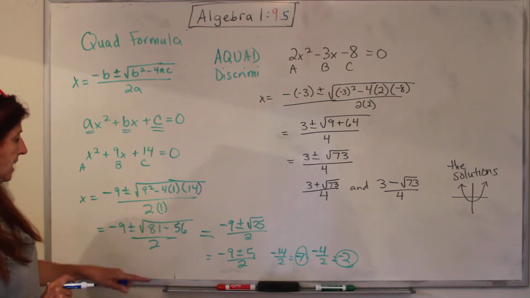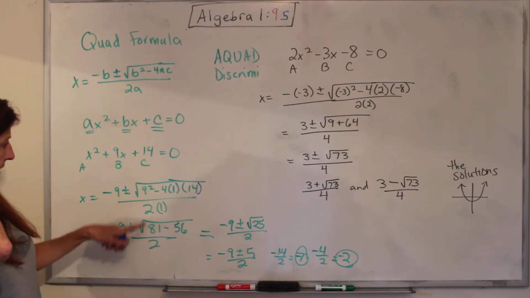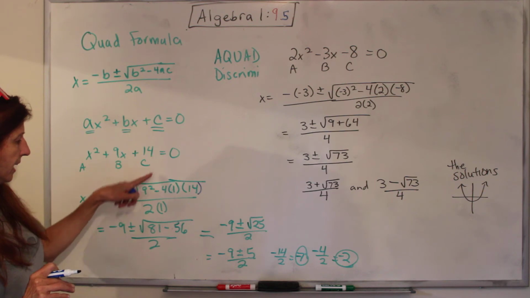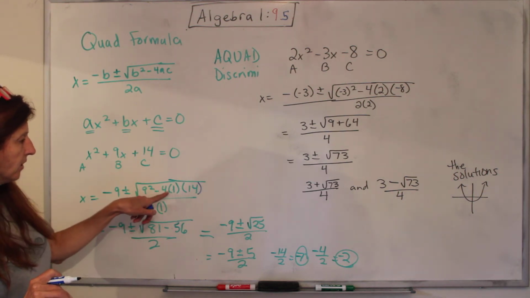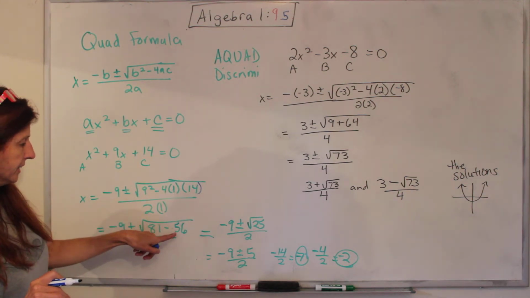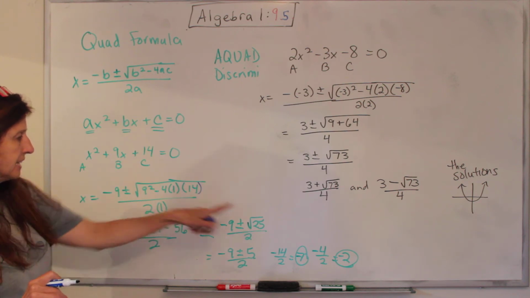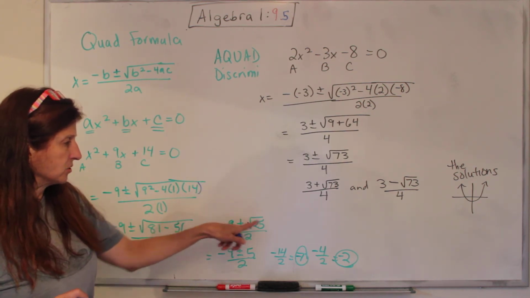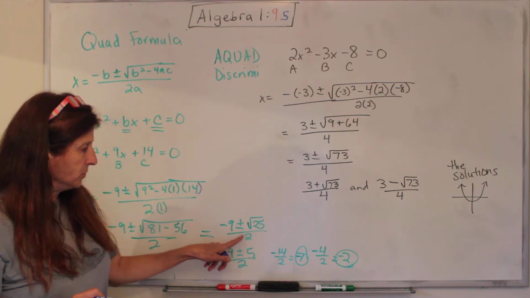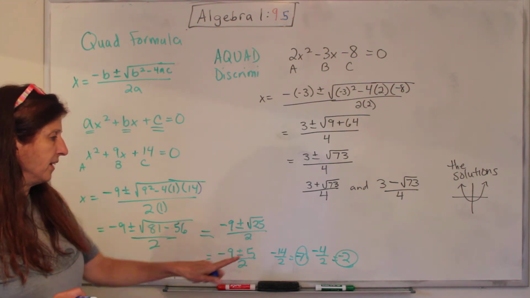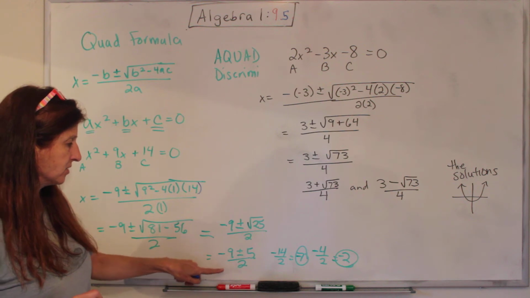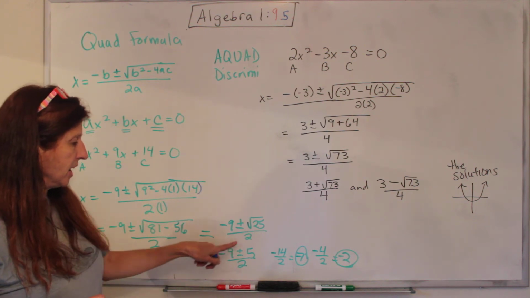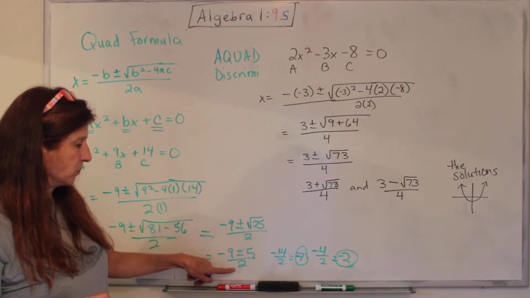times a. So now I did 2 times 1 is 2, 9 squared is 81, negative 4 times 1 times 14 is negative 56. I subtracted and got negative 9 plus or minus the square root of 25 over 2. Now the square root of 25 is 5. So this is the answer. It is negative 9 plus or minus 5 over 2.